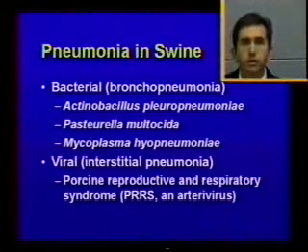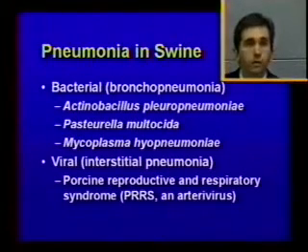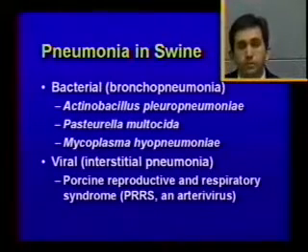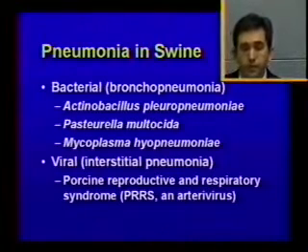In pigs, there are several bacterial agents that cause bronchopneumonia. And I think you should be aware of these three, and they are Actinobacillus pleuropneumoniae. That was previously called Haemophilus pleuropneumoniae, and has since been changed to Actinobacillus. The second is our old favorite Pasteurella multocida, which has also been mentioned in cattle and in dogs, and Mycoplasma hyopneumoniae.